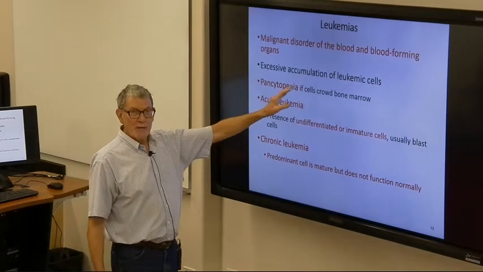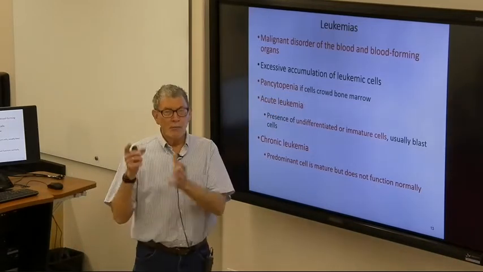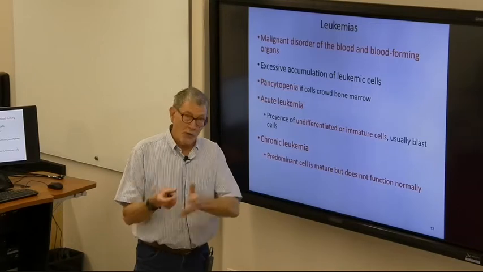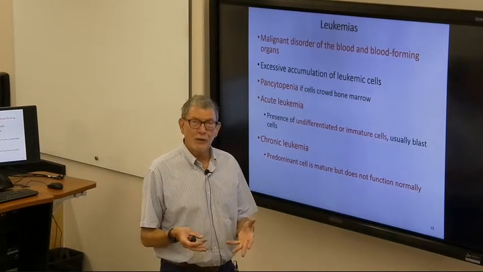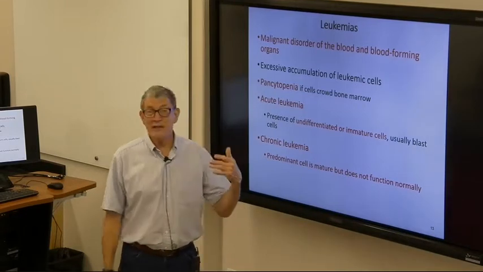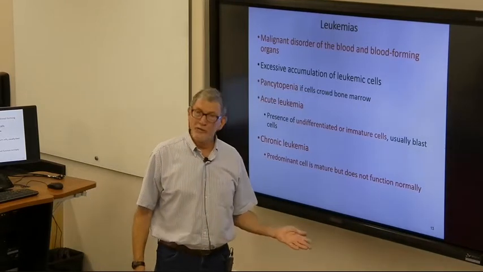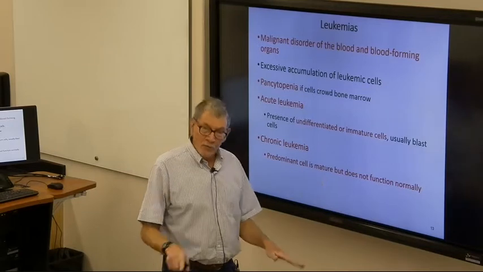Pancytopenia might be a result because the bone marrow is diseased. It's being crowded out by this overproduction of cancerous type cells, and then it can't make enough plain old red blood cells, and you wind up with anemia.